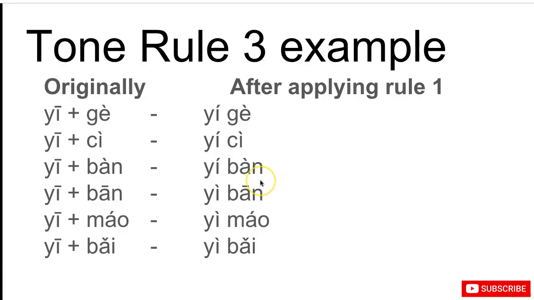You just see it even without thinking, you pronounce it correctly. You're going to get to that stage but it's good that we just introduce the basics. All right, so this is yi ge, yi ge, yi ge. This is yi zi, yi zi, yi zi. And this one is yi ban, yi ban, yi ban.